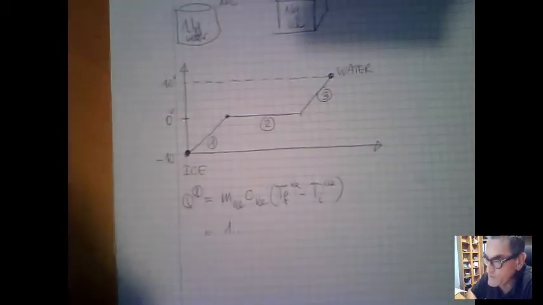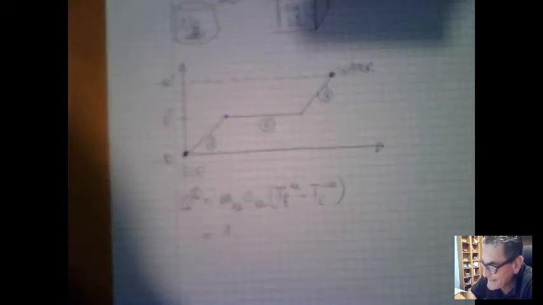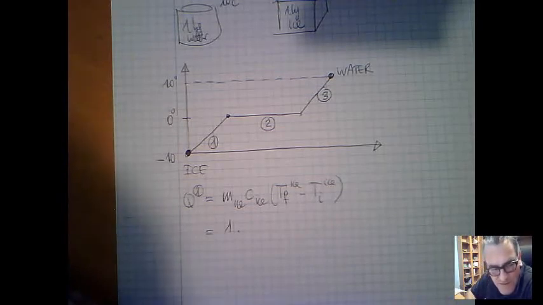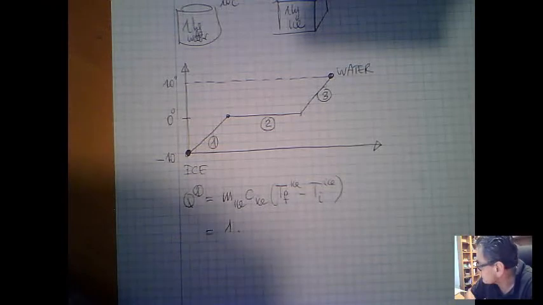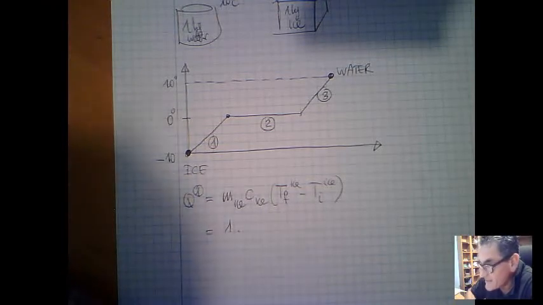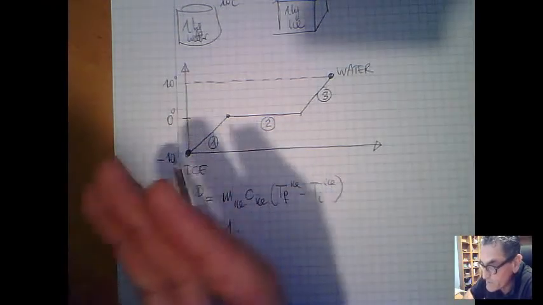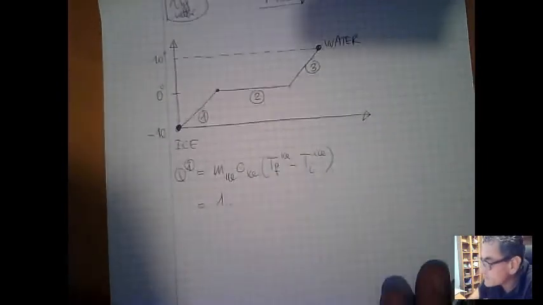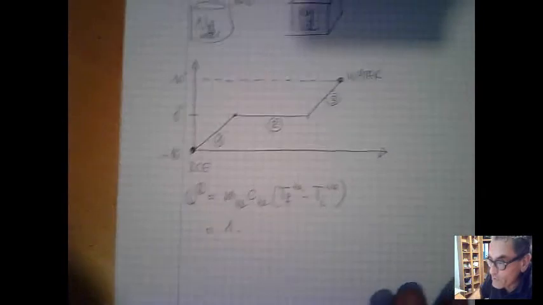It's 1 kilogram. Easy. The C of the ice, well, maybe you think it's the same as the C of the water. Well, it's not. The C of the ice, of the frozen water, is about half the C of liquid water. Why that is, I don't know.